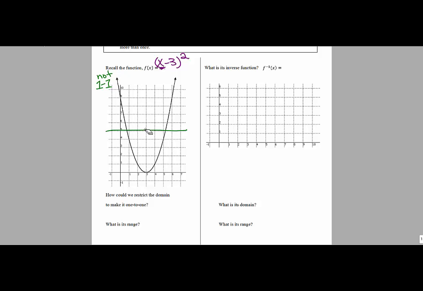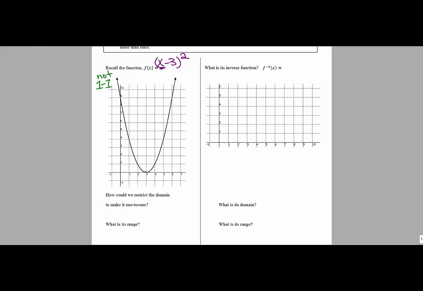That means that if I were to take this picture and reverse the ideas of x's and y's, then we would not get a function. What we have here passes the vertical line test, so this is a function. But when I look at its inverse, we run into a little bit of a problem.